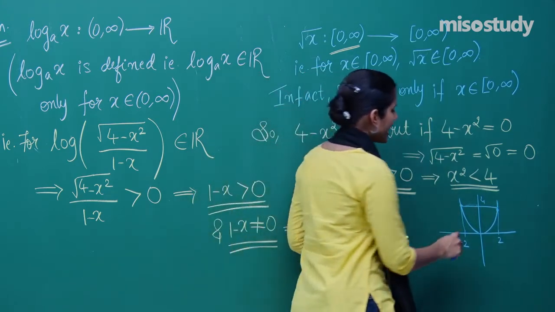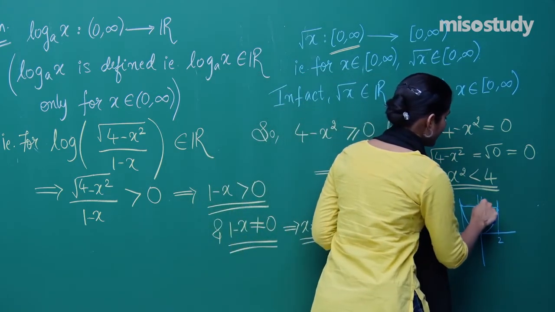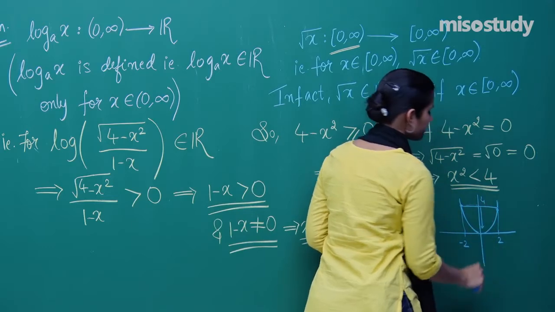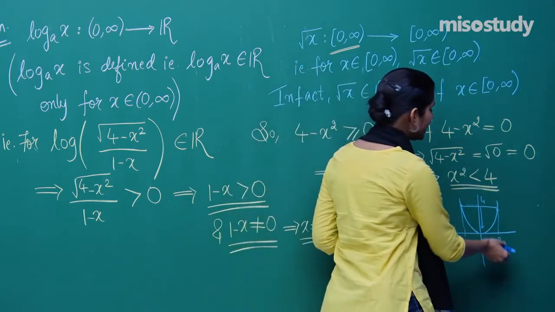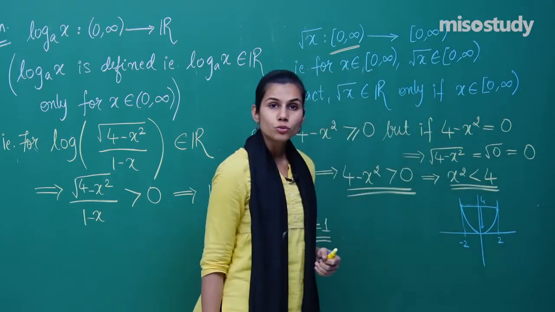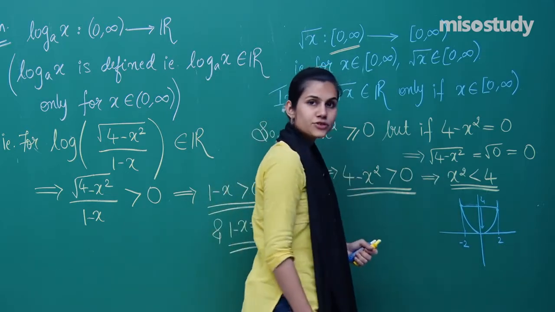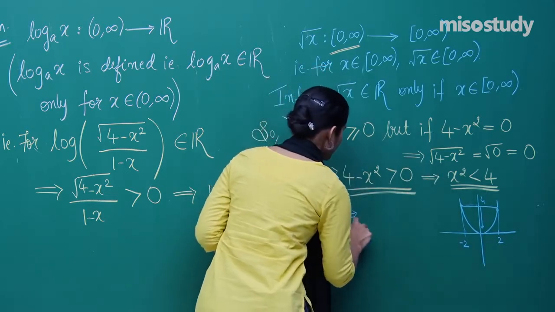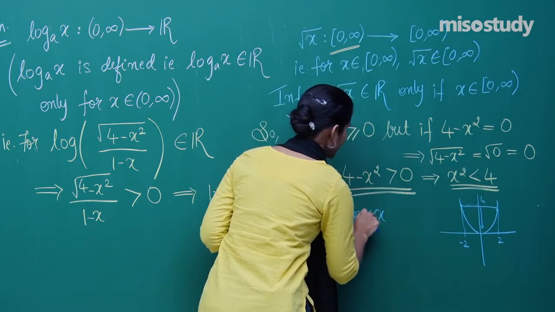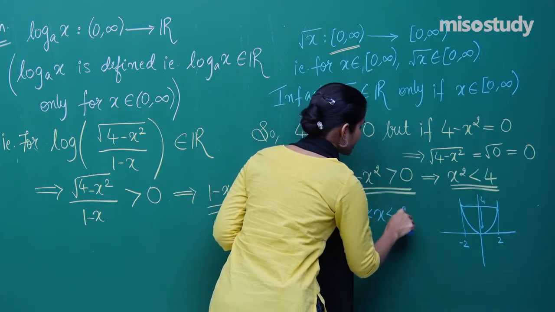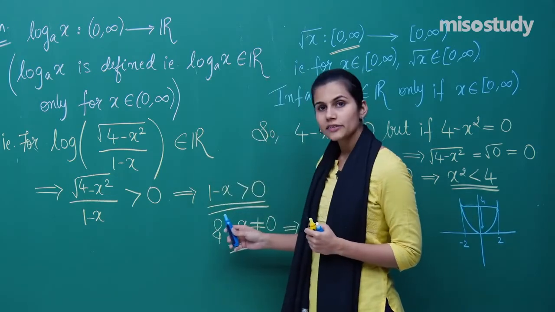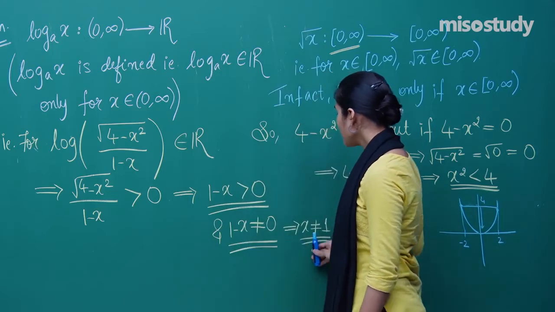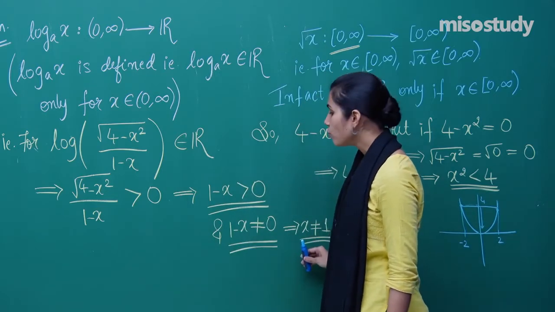If I want my x square to be strictly less than 4, that means I want my x to be between minus 2 and 2. So for x square to be strictly less than 4, my x should be strictly greater than minus 2 and strictly less than 2. But I also have certain other rules, that x cannot be equal to 1.